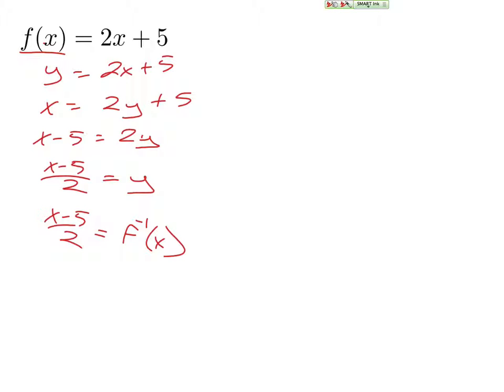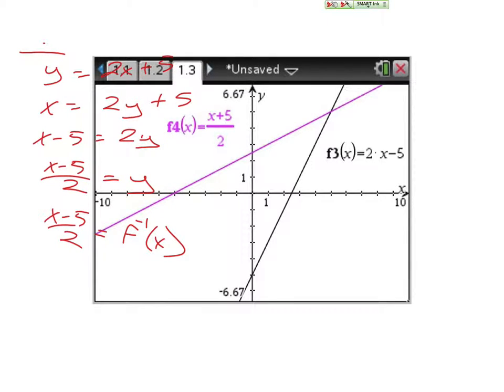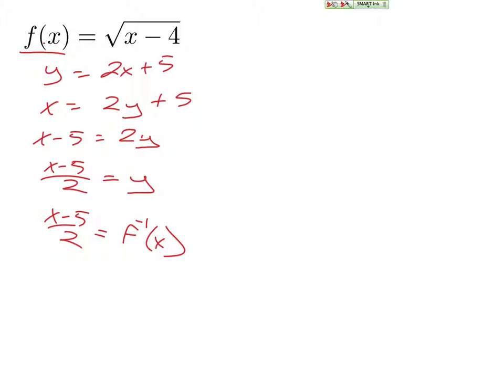Step three, solve for y. Step four, put it back in function notation. Okay? So again, that's what it would be. Obviously, this is a little bit different than what I had since I didn't write the problem down right. But you would get a graph that is split over the y equals x line. Okay? Let's try the next one.